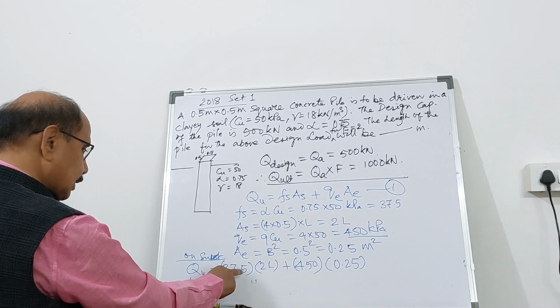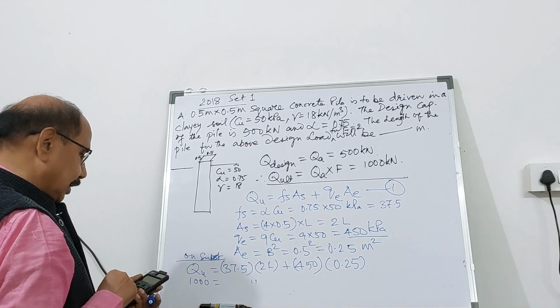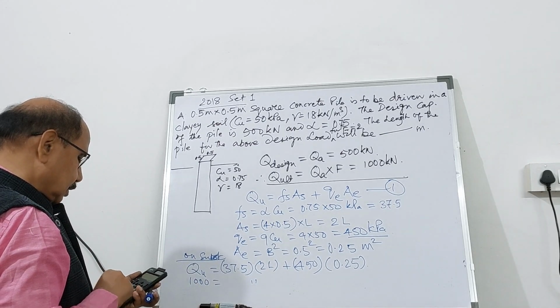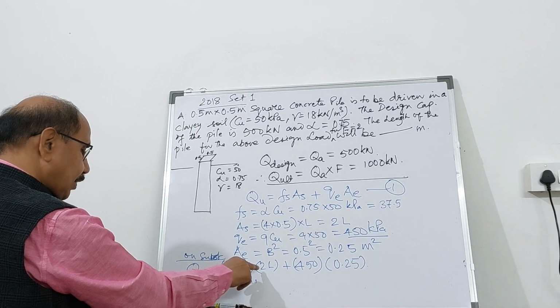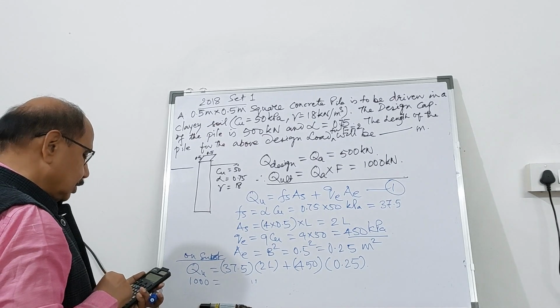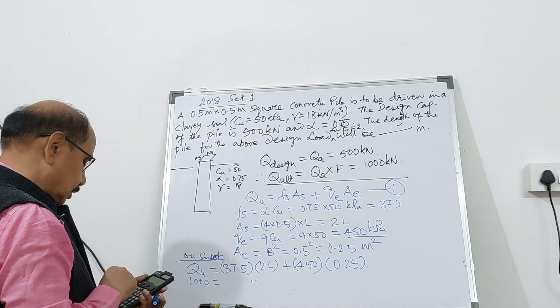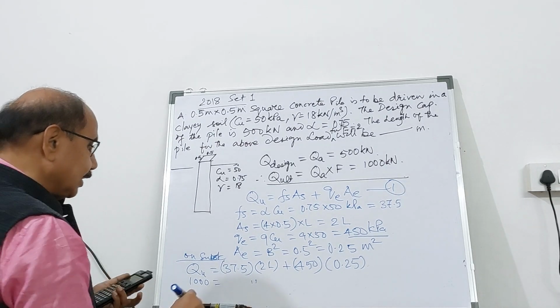887.5, and you want to find out L, therefore divide it by 37.5 into 2 will be 75. So divide it by 75, you get 11.83.